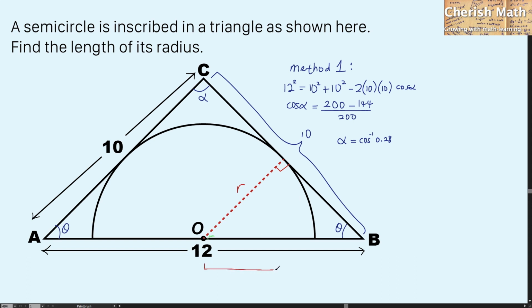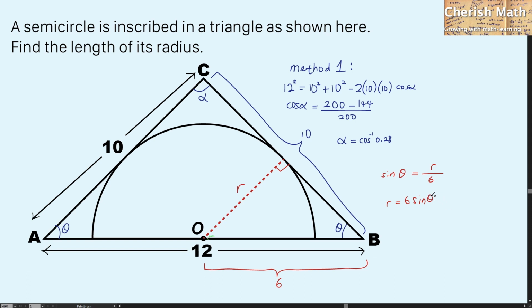And OB is half of 12, so I'm going to label it as 6 units. Now, sine theta is the opposite side, the radius R, divided by this OB of 6 units. So the radius is 6 multiplied by sine theta.